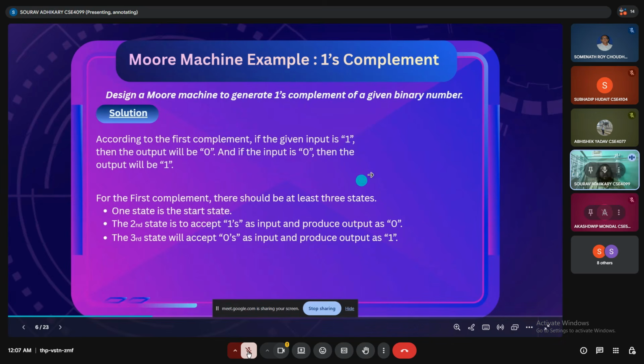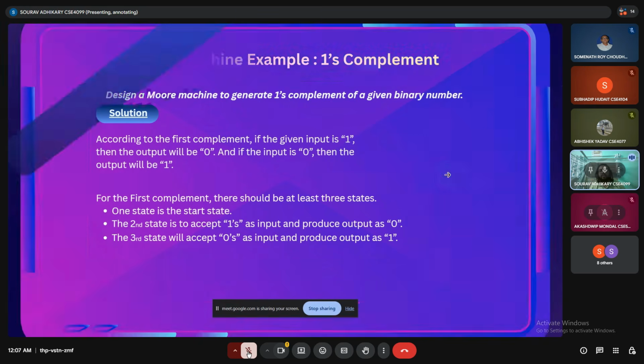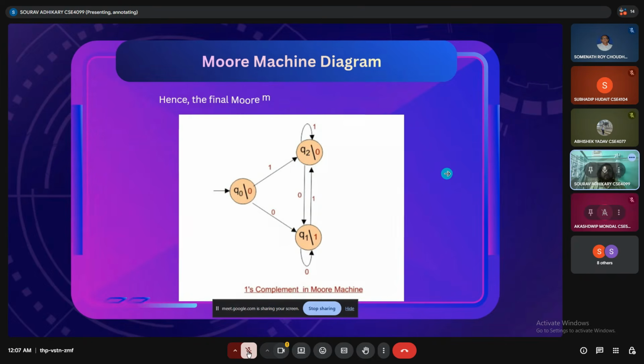For the one's complement, there should be at least 3 states. One state is the start state, the second state accepts ones as input and produces output as 0, and the third state accepts zeros as input and produces output as 1. The next slide will be continued by Surya Sahu, our next group member.